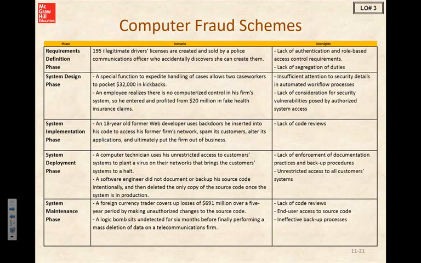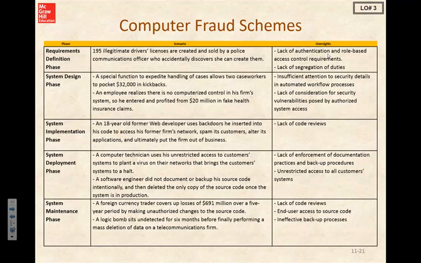Let's take a look at some computer fraud schemes just to get ourselves familiar with what could possibly happen. So here we have a scenario where 195 illegitimate driver's licenses are created and sold by a police communications officer who accidentally discovers she can create them.